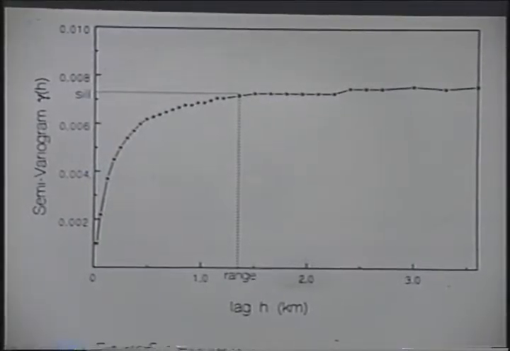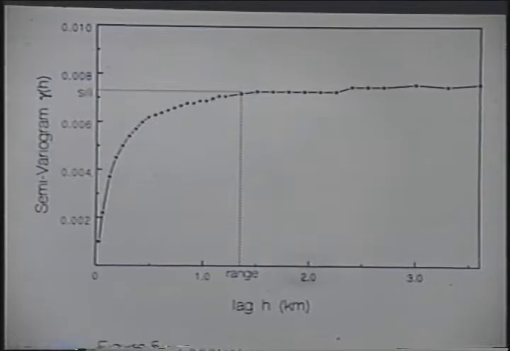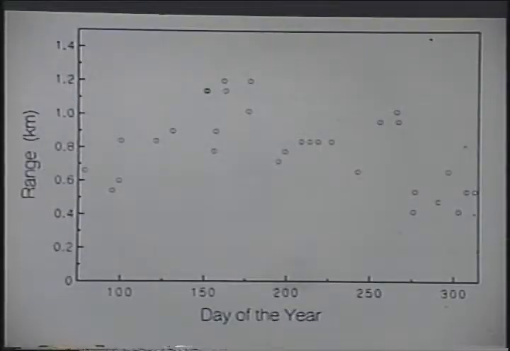This is just one example for one day. We determined the variogram for many days, and this shows how the range, namely that spatial scale, varies through the season. It starts early on. By the way, day 100 is what we are just about right now.